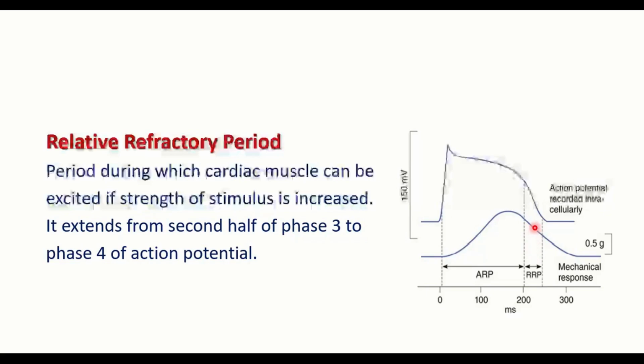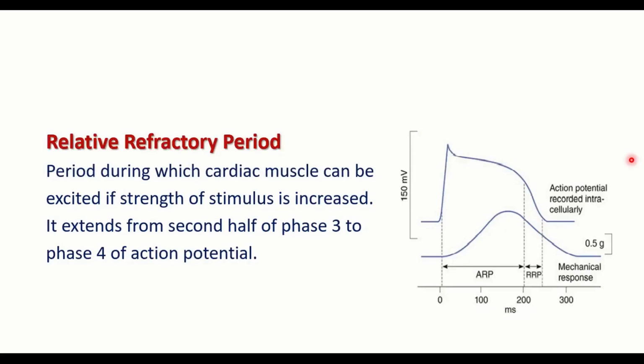So you can see second half of phase 3 and phase 4, then the final 2/3 of the relaxation period. If you give a second stimulus having more strength than the first stimulus during this period, it will respond. It will respond only if the strength of the stimulus is more than the first one. So that is relative refractory period.